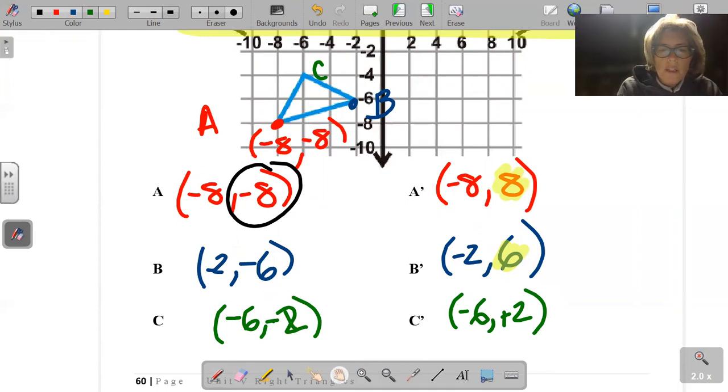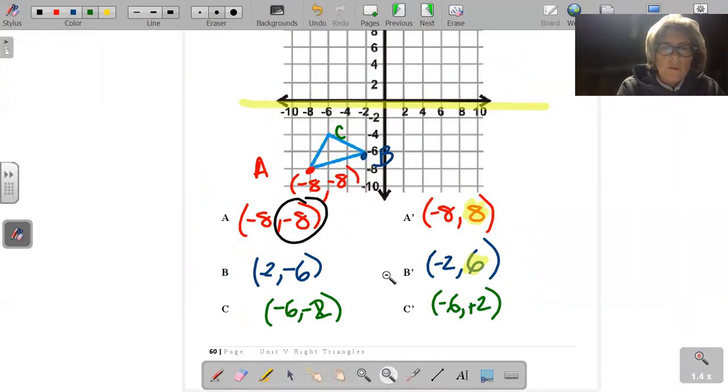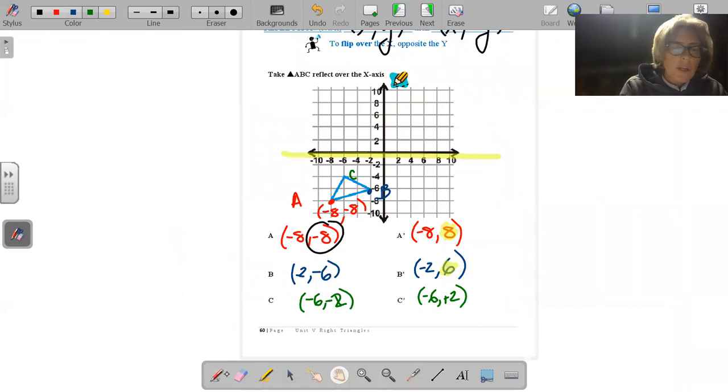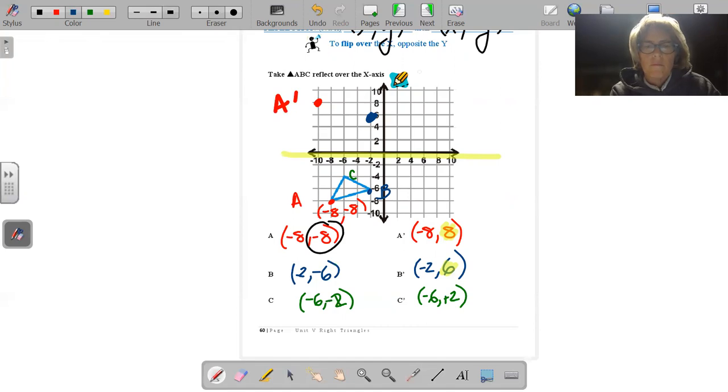And now you just plot the coordinates. It should be very easy to see this. Flipping over the x-axis, -8, +8, there's your A prime. -2, +6, there's your B prime.